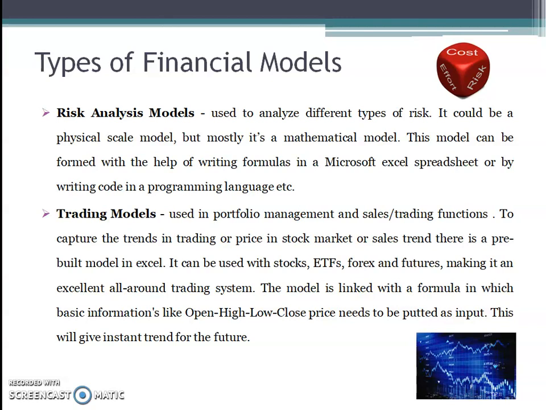So what are the inputs we need to put? We need to put the opening price, the higher price, lower price, and closing price related to a particular stock, a particular portfolio, or the sales as well. And then this trading model will give an instant result in the form of a trend.